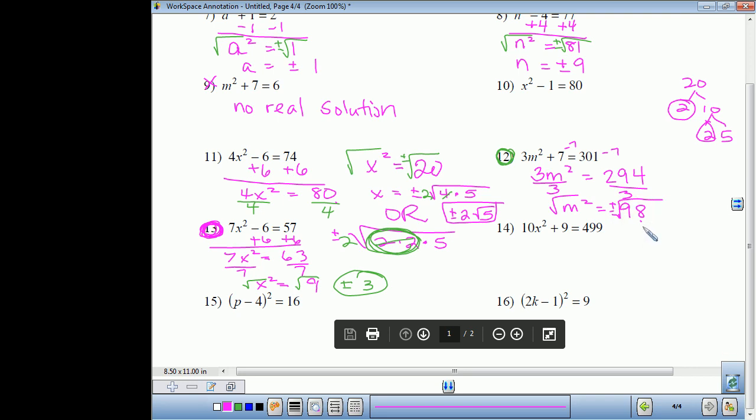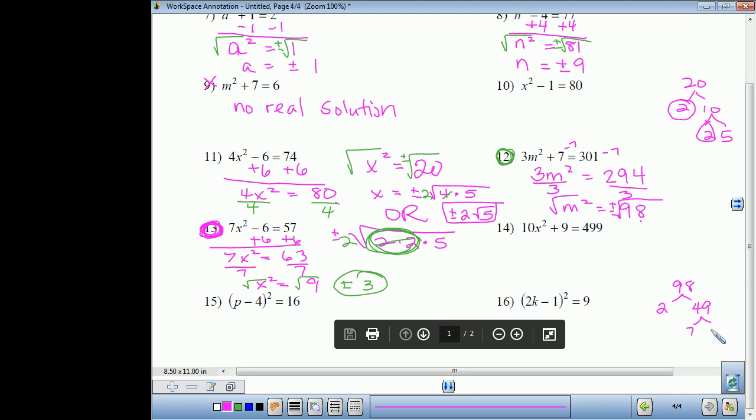Okay, so how'd you guys figure out 98? Did you do the tree? Okay, we'll do the tree and then we'll think about it the other way. So 2 goes in there, and 49. If I was doing the tree, I would stop right here, because 49 to me is a perfect square.